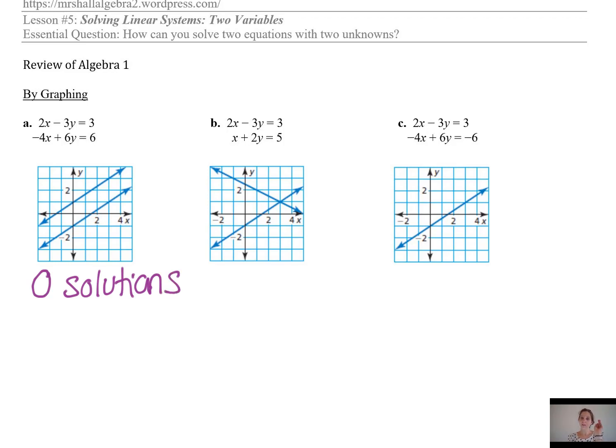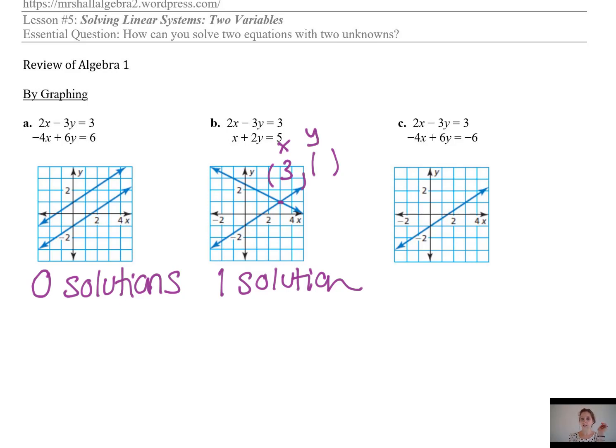In example B, those 2 equations have been graphed, and you'll see that there is one solution. And when there is one solution, we can write that solution out, which is the ordered pair at the intersection point. So that is (3, 1). As an ordered pair, that means the x value is 3, the y value is 1.